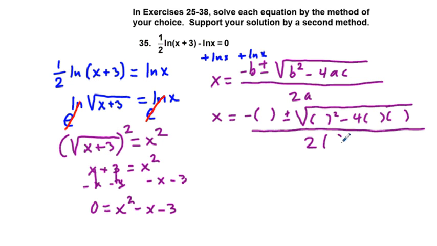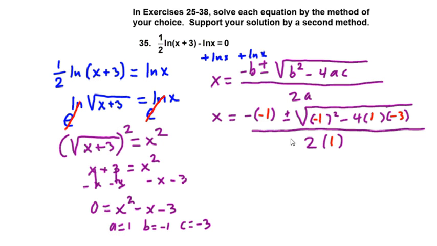2 open parentheses. And so in this standard form, we have a is equal to 1, 1x squared, b is equal to negative 1, and c is equal to negative 3. And then we just plug these values in the holes, and so we have where b is, we put negative 1 there, and negative 1 here inside the radical, and for a, well, a is 1, and c is negative 3, and 2 again for a in the bottom here, 2 times 1.